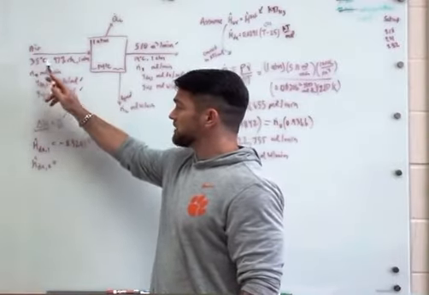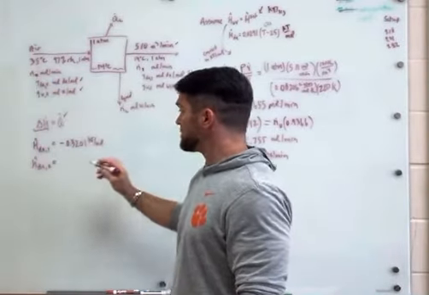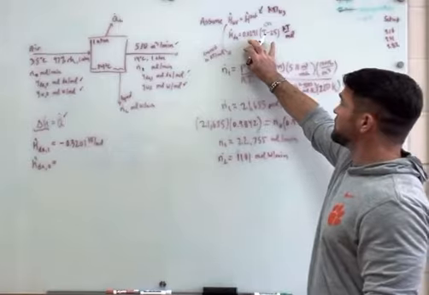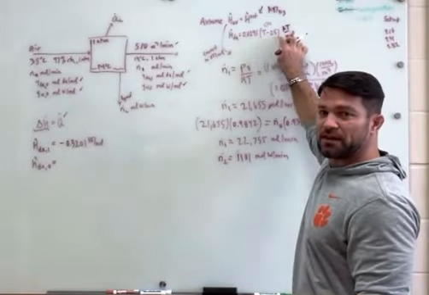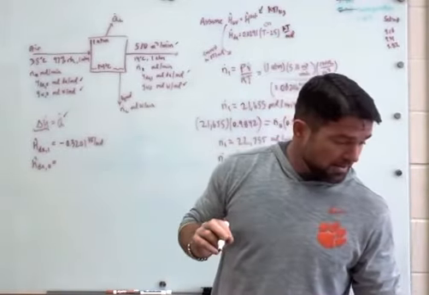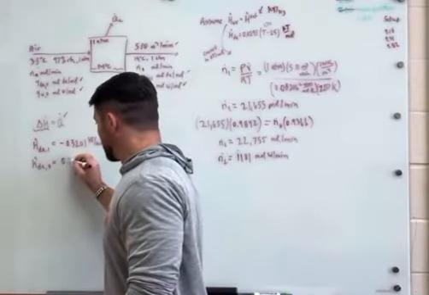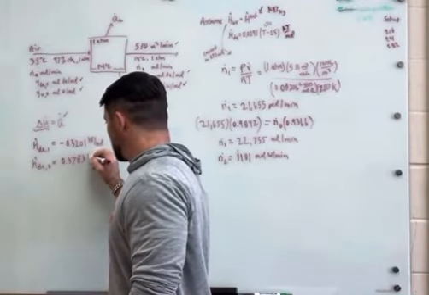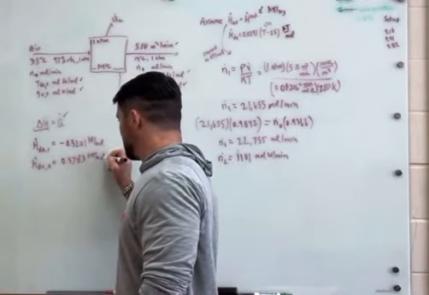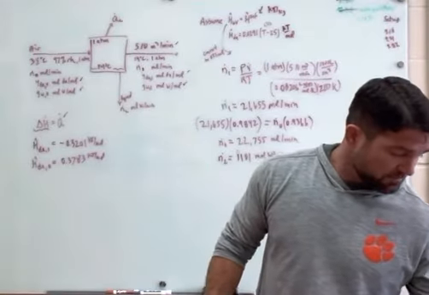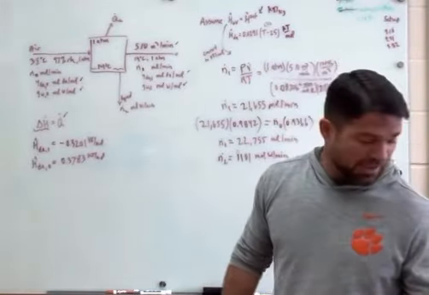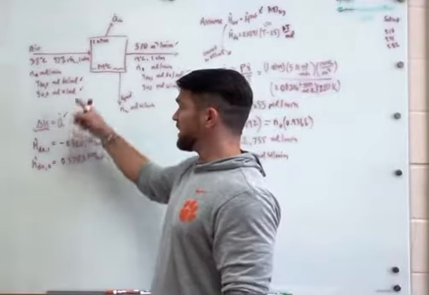The enthalpy of the dry air in this stream is the same equation, 0.0291 times, in this case, 38 minus 25, and that gives us 0.3783 kilojoules per mole. These are the enthalpies for the dry air in the two streams.